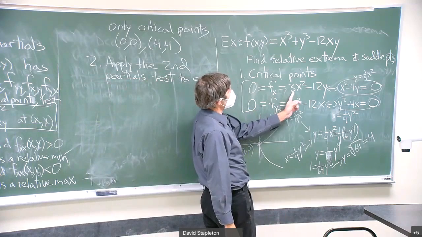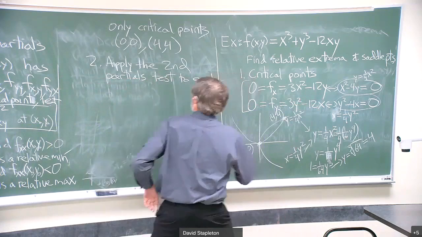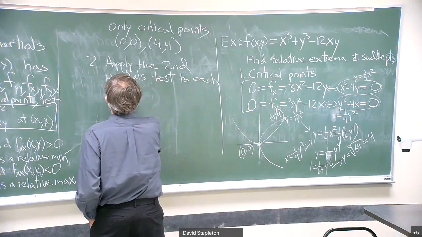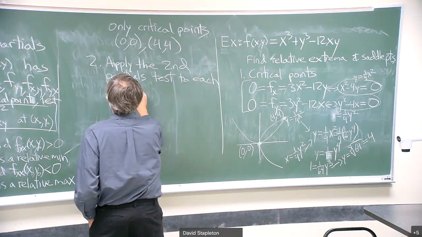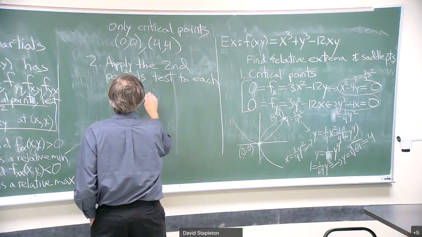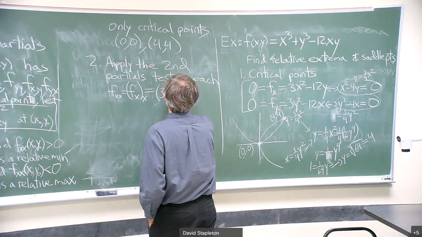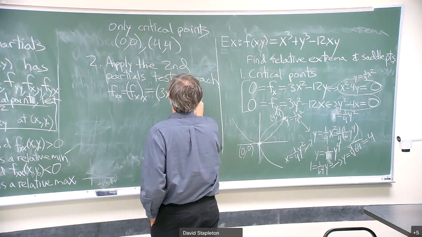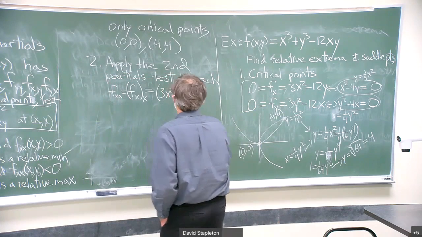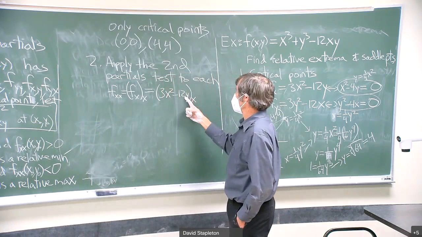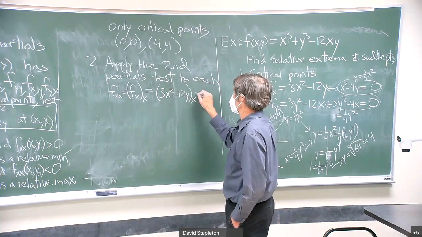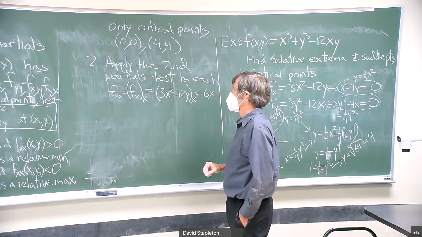Partial with respect to x was 3x squared minus 12y. So fxx is the partial that we already computed, taken with respect to x. The partial of 3x squared minus 12y with respect to x is, oh, the partial with respect to y is 0, so this is just 6x, right?